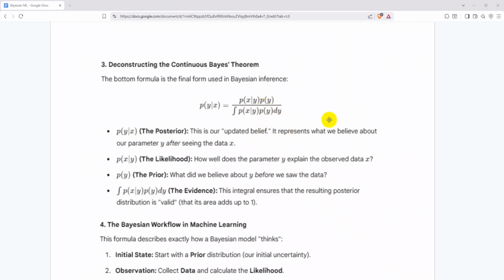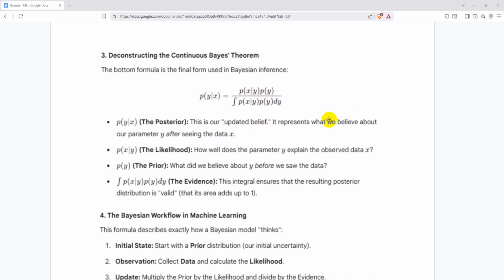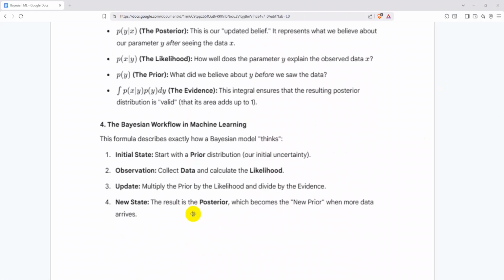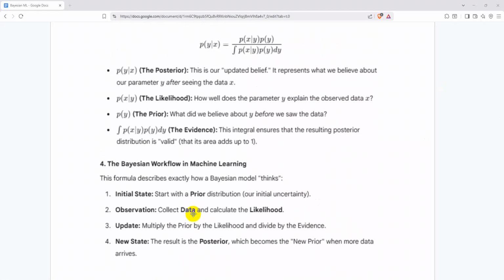This is what we believed about y before seeing any data. And the denominator, this is the evidence. It ensures that the final result is a valid probability distribution. So conceptually, what are we doing? We take our prior belief, update it using how well it explains the data, and normalize everything so it remains valid.